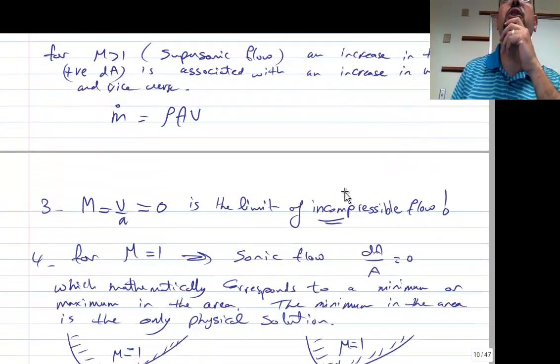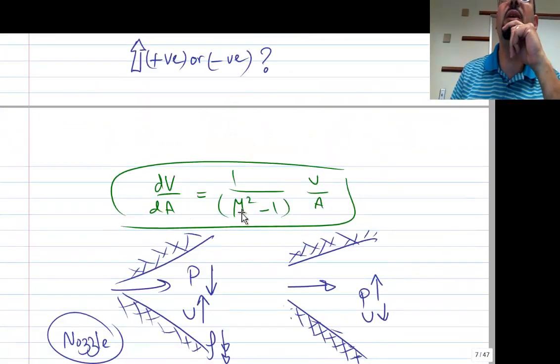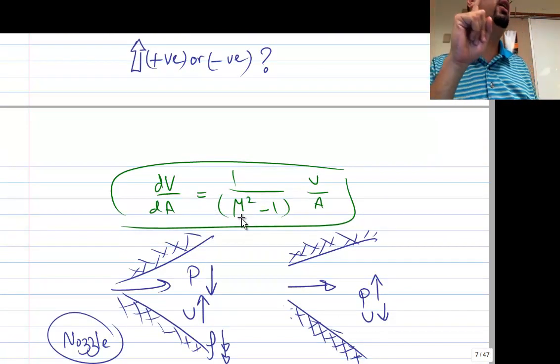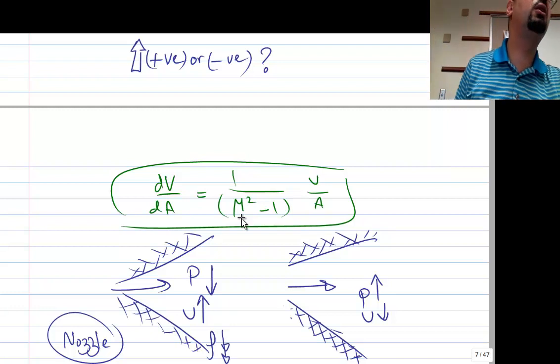Now, Jason's question. Before I answer, let's just say, what happens when M equals 0? M equals 0 is not because V equals 0 and there is no fluid mechanics, that's the trivial solution. How could M equal 0? It's not because V equals 0.